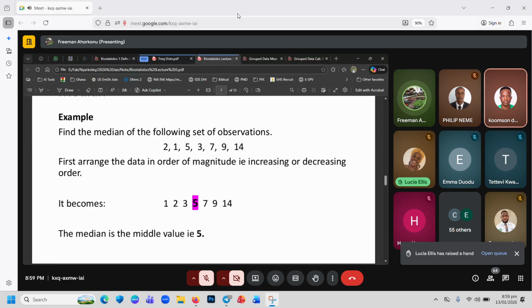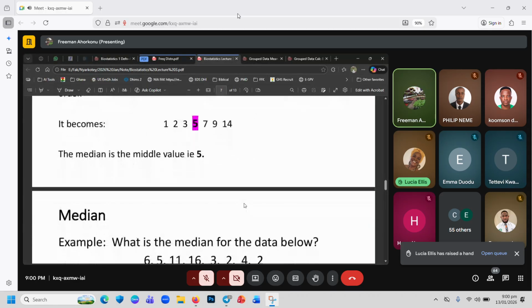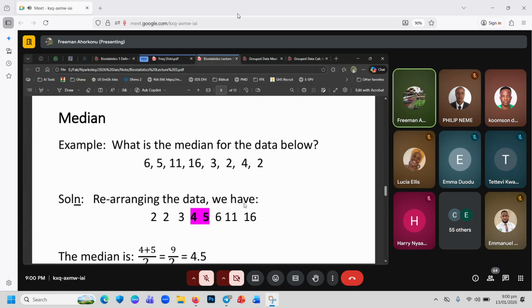Okay, we are getting there soon. So he's asking, what if there is no single number at the middle? Or what if there are two numbers at the middle? We are getting there very soon. Thank you.